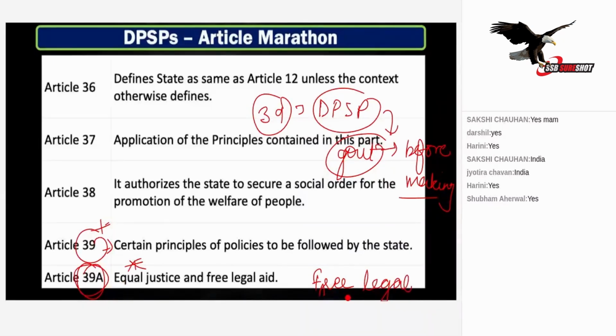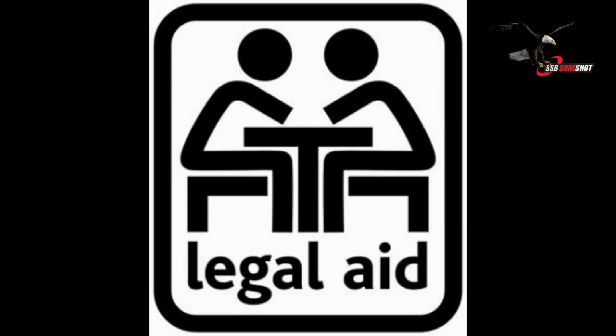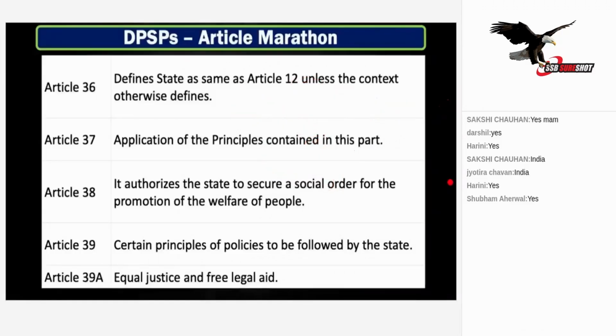Today, when we were studying Article 14, I gave you an example. Let's say two boys. One is rich or middle class, and one is extremely poor. Poor is right, rich is wrong.